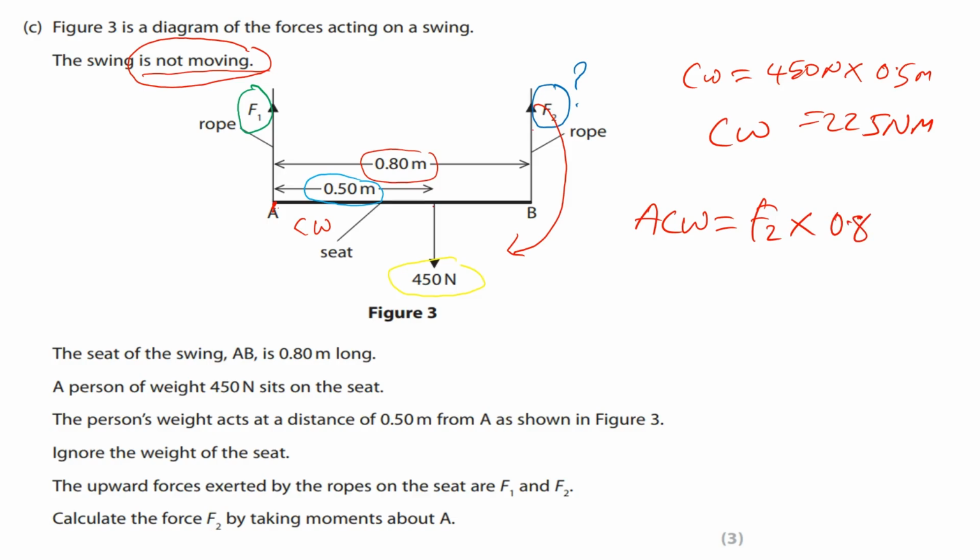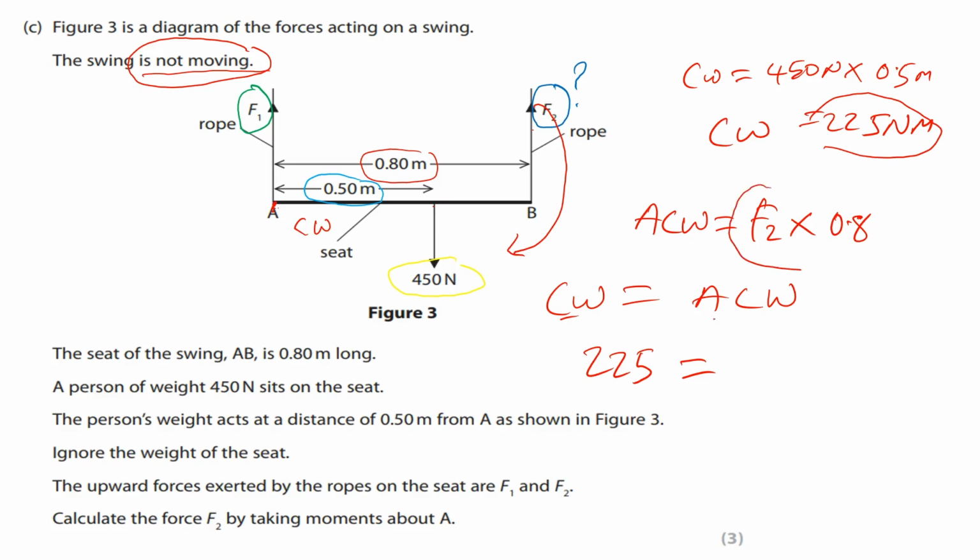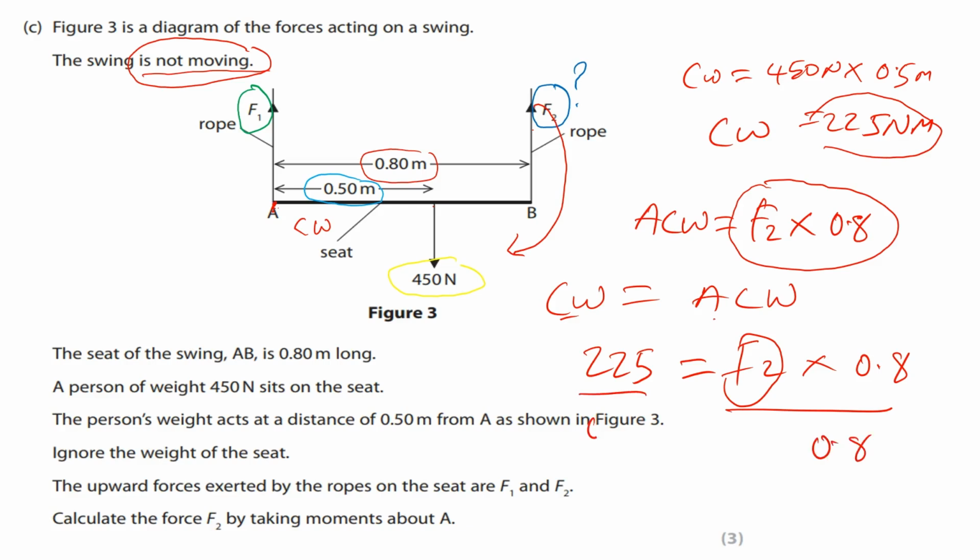Remember that this system is in equilibrium, which means that the clockwise moment is equal to the anti-clockwise moment, and our clockwise moment is 225 Newton meter. So we have 225 equal to our anti-clockwise moment, F2 multiplied by 0.8. To get our F2, divide both sides by 0.8.